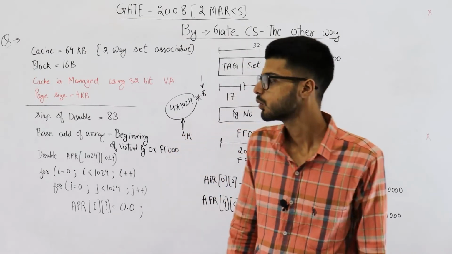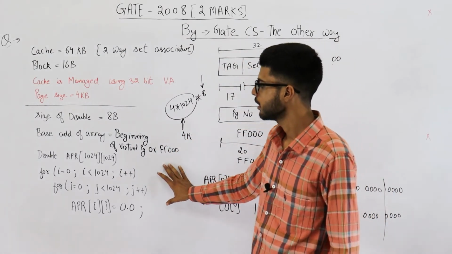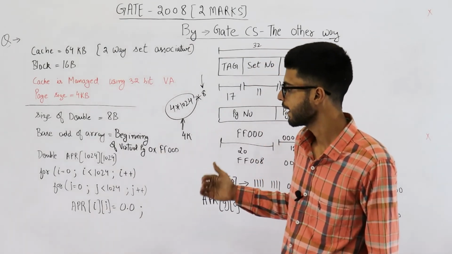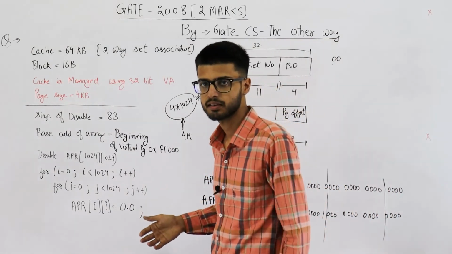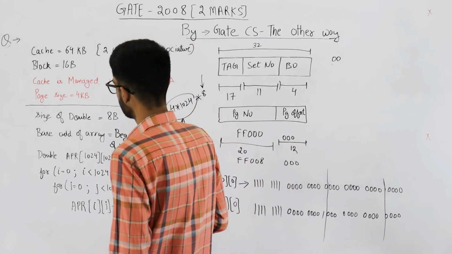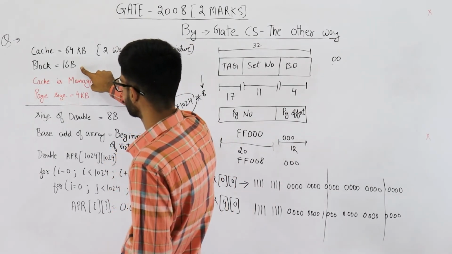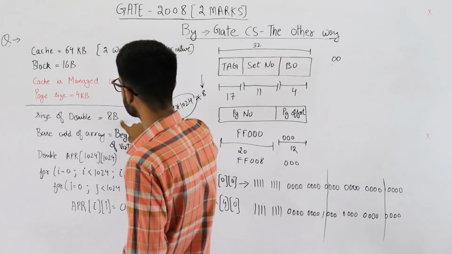That means you need to find the hit ratio in percent. That means out of n number of times, how many hits are you getting? You see, block is 16 bytes and double is 8 bytes.